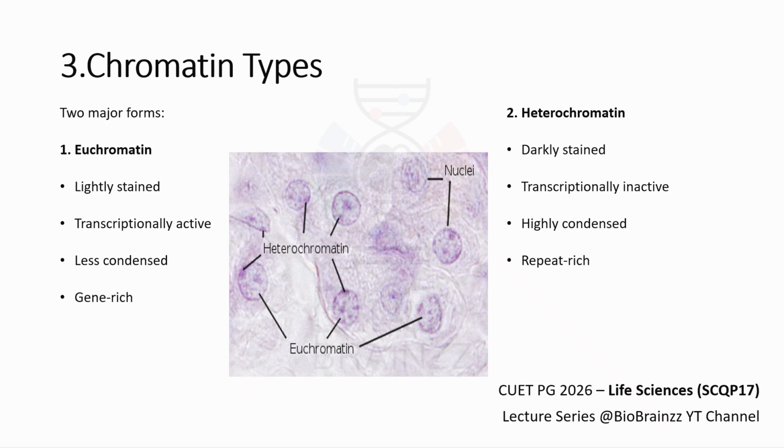The micrograph shown in the center of the slide highlights the difference between these two types. Lighter regions correspond to euchromatin, while the darker patches represent heterochromatin. So remember, light staining and active means euchromatin. Dark staining and condensed means heterochromatin.